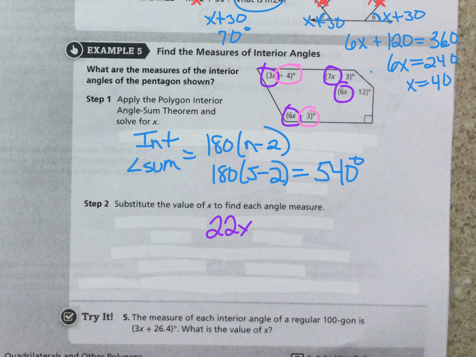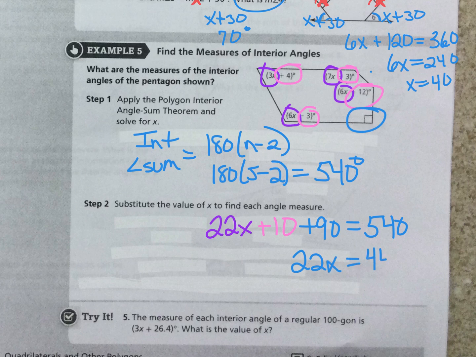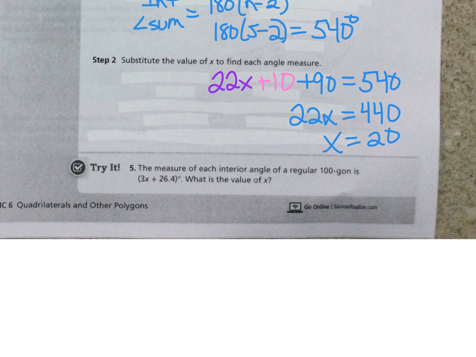Then 4 minus 3 is 1, minus 3 is negative 2, plus 12 is 10. And then I have this plus 90, almost forgot. And all of them have to add up to 540 degrees. So 22x equals 440. So x equals 20. And then you just substitute 20 in each one of those to find it.